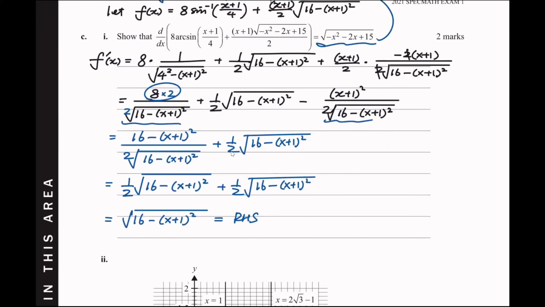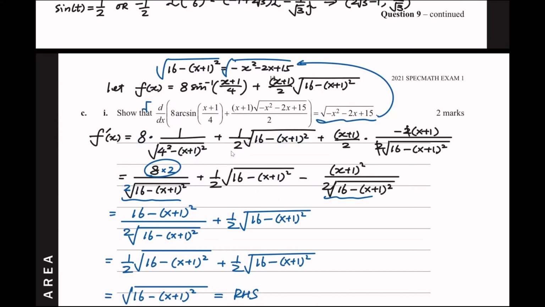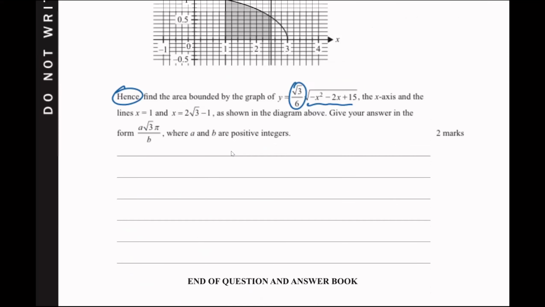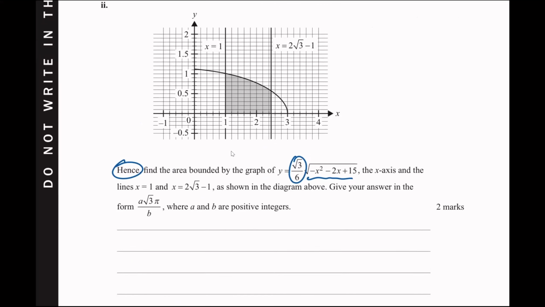So in that regard, I need to multiply a root 3 on 6 and a root 3 on 6 here to match them and then integrate. What I'm going to do is I'll set out the antiderivative first. So area equals the integral from 1 to 2 root 3 minus 1 of root 3 on 6 times the square root of 16 minus (x plus 1) squared dx. Okay, something along this line.